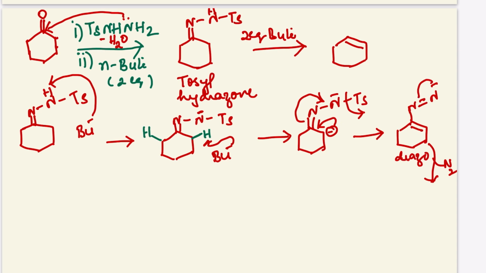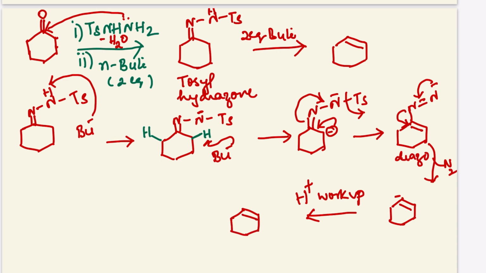This will shift over here and this bond will shift over here, and we get a negative charge and a double bond. If we do the workup, we get H plus as the electrophile, and this is the product that we are going to get.